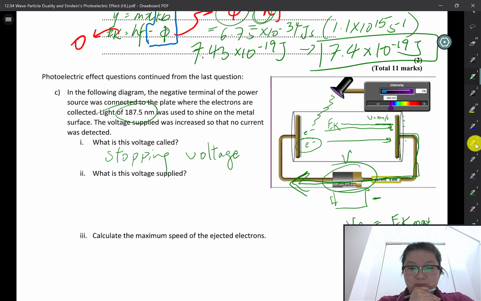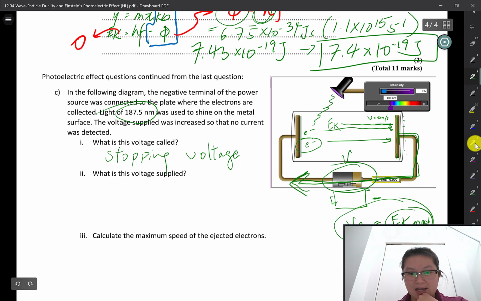What is the voltage supplied? We just talked about it right here. And what we need to do is figure out what this EK max is. Meaning, we are going to need to use this wavelength of light to figure out the amount of residual kinetic energy.